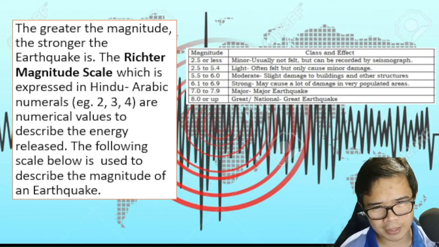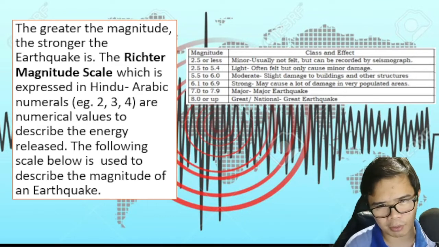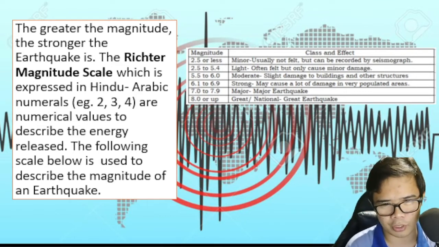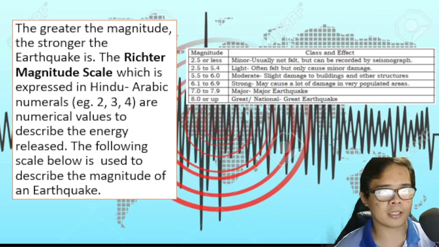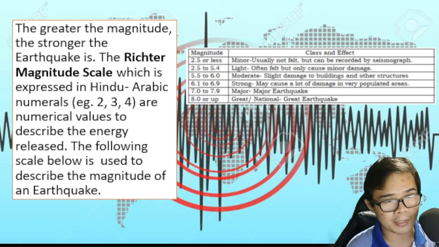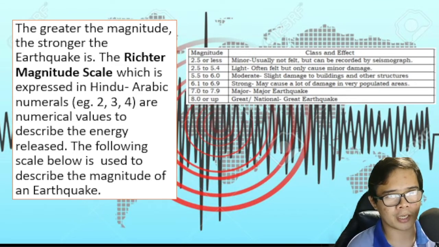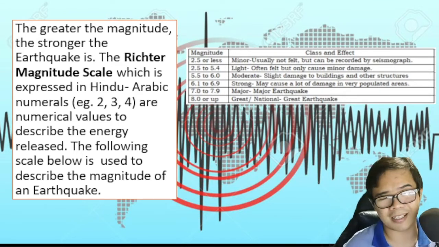Pagdating naman po kay 8.0 to up, pataas, yan ang tinatawag natin na great or national level. Gaano kalakas to? Yung last discussion natin, nasa 9.1 Richter scale. So ano ba yung ibig sabihin nun?